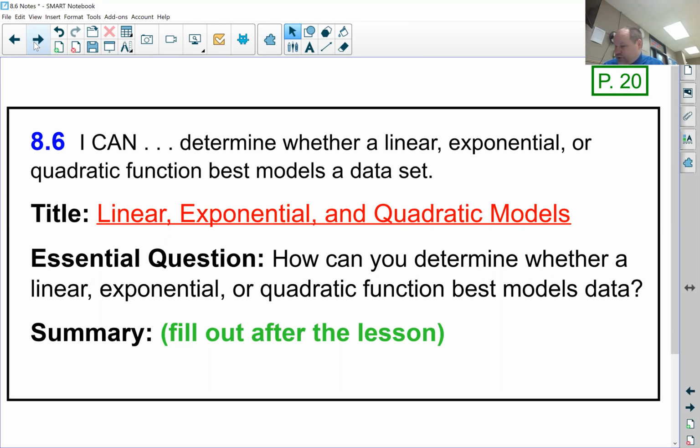We usually call it a function. And we'll look at all of those as we go through today.